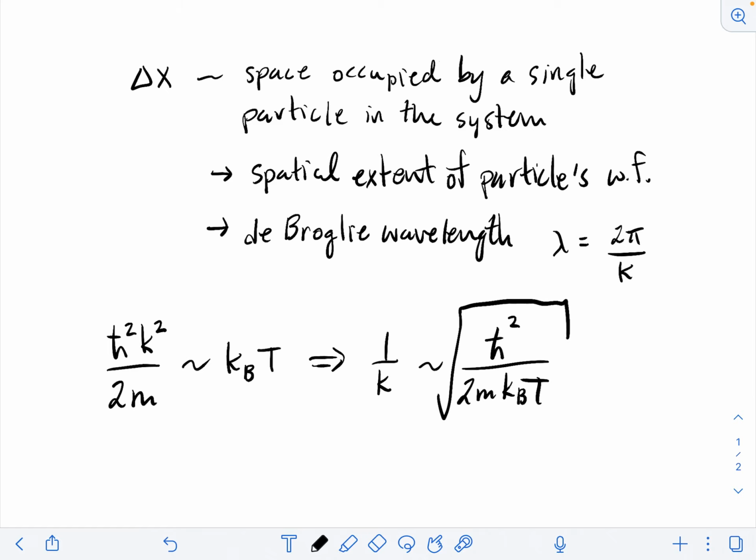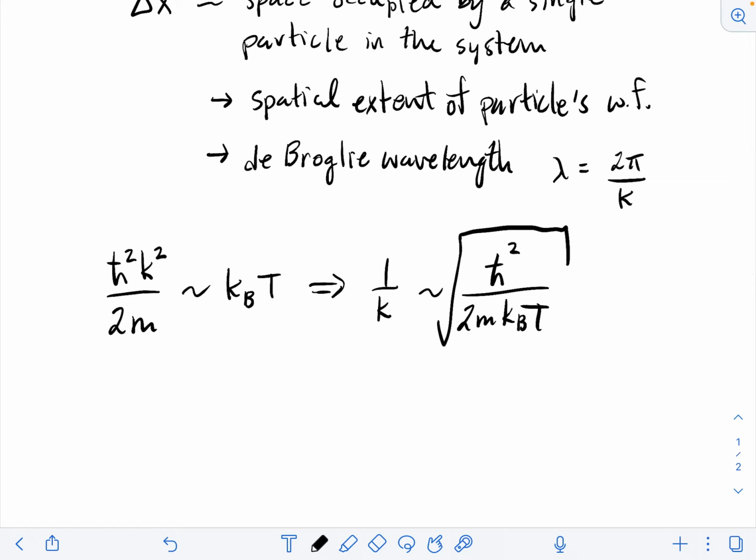Like so. And so that means that this de Broglie wavelength is on order of 2 pi times the square root of h bar squared divided by 2m kBT.